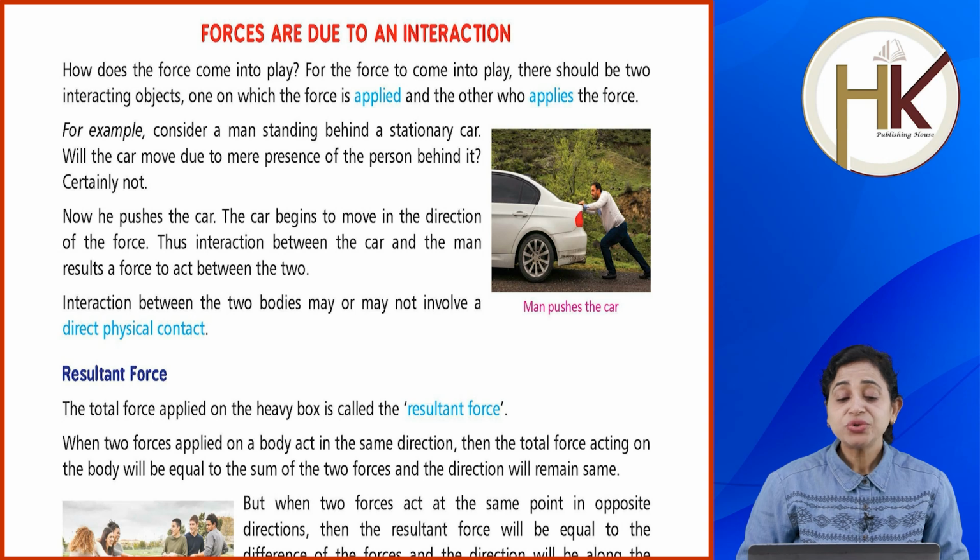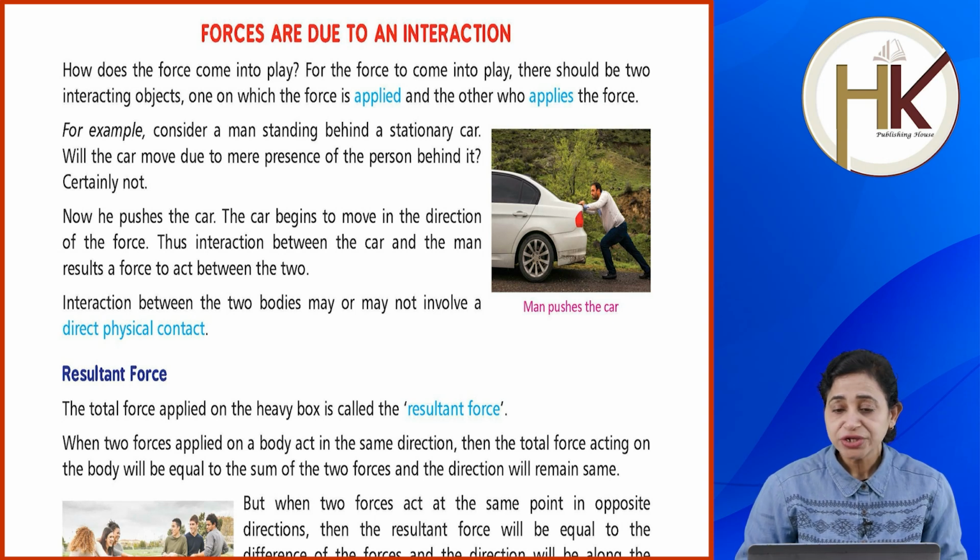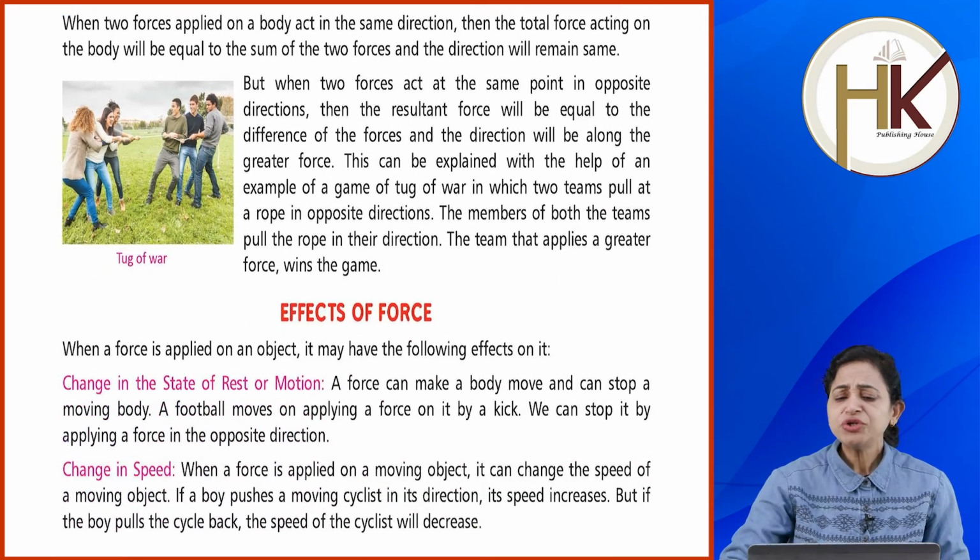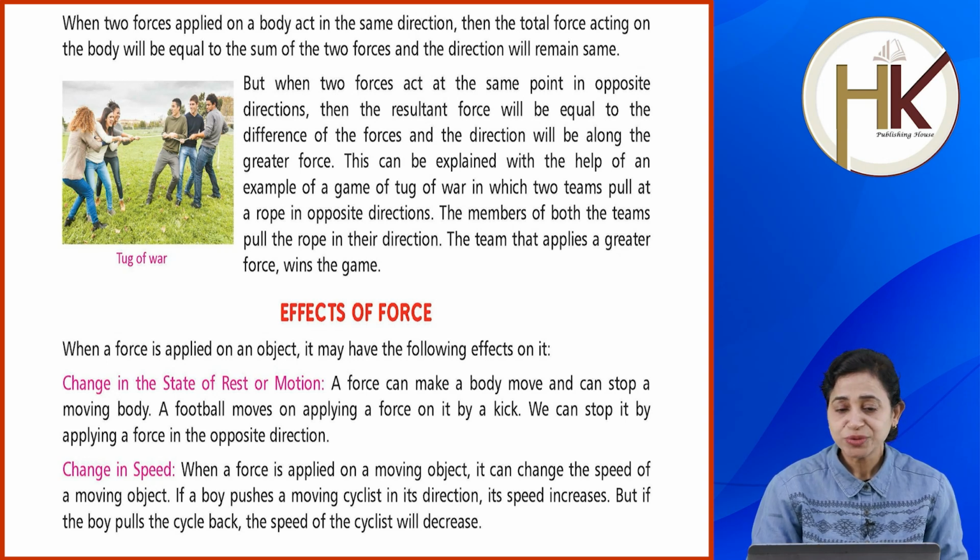Resultant force, the total force applied on the heavy box is called resultant force. When two forces applied on a body act in the same direction, then the total force acting on the body will be equal to the sum of the two forces and the direction will remain the same. But when two forces act at the same point in opposite directions, then the resultant force will be equal to the difference of the forces and the direction will be along the greater force.